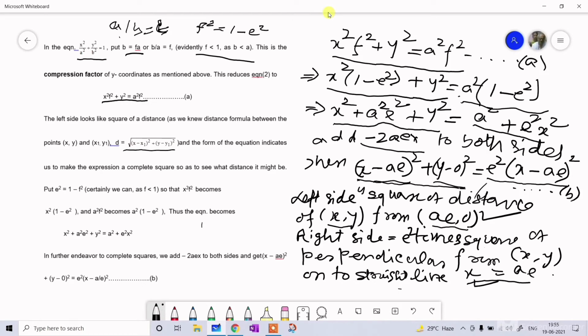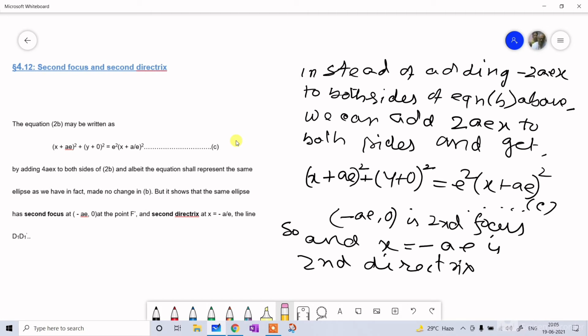Next, if we add 2aex to both sides in equation B, then we get this equation: (x plus ae) whole square plus (y plus 0) whole square is equal to e square times (x plus ae) whole square.